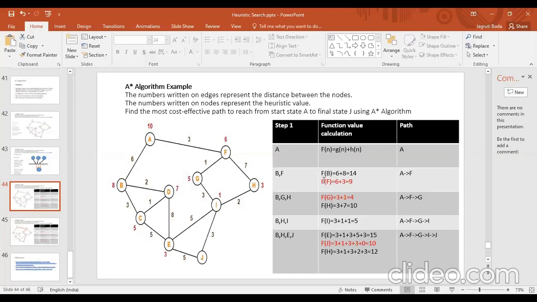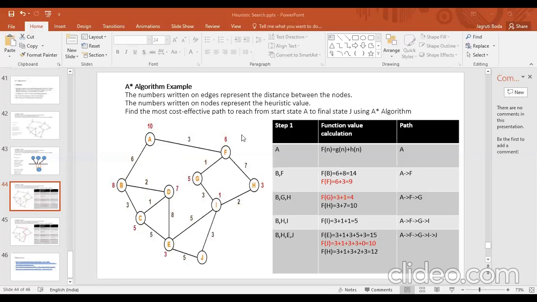So f of B, we have two successors B and F. So A से F तक पहुंचने का कितना कॉस्ट हो रहा है वो हमें कैलकुलेट करना है. Here given f of B. So f of B is equal to 6 प्लस 8, मीन्स कि उसकी एज की वैल्यू है वो और ह्यूरिस्टिक वैल्यू कितनी है वो. Okay, 6 plus 8 is equal to 14.